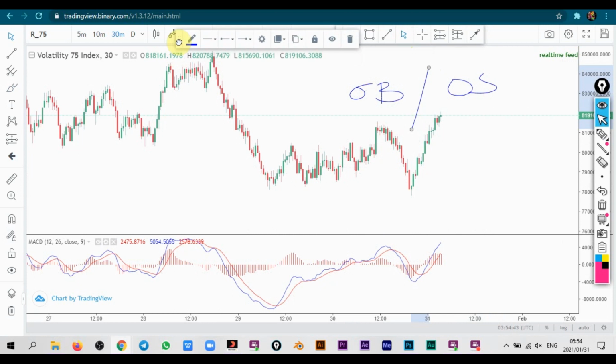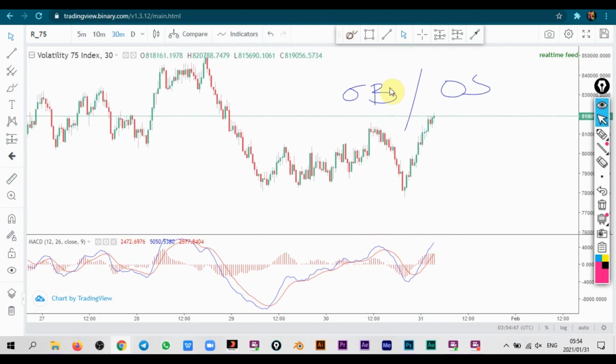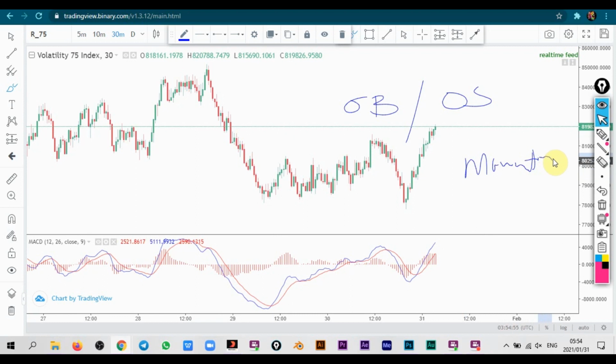Why? Because it is a trend indicator which shows you momentum. Basically, it just shows you momentum. That's the difference between it and the other tools that you usually see in the window below.